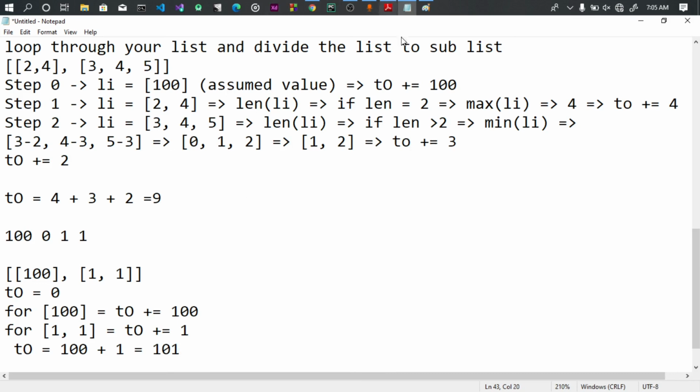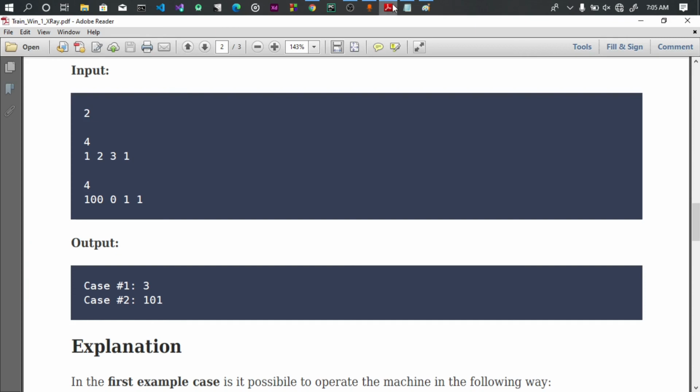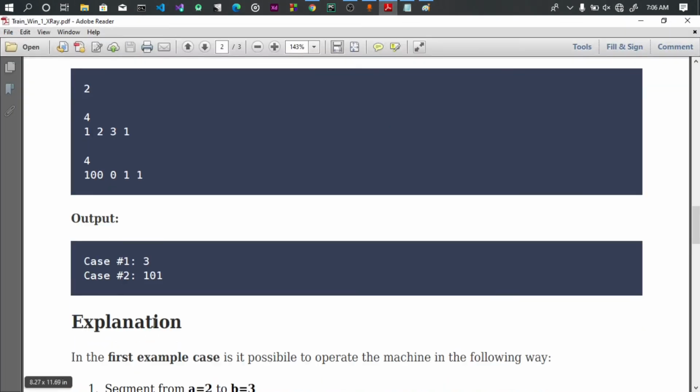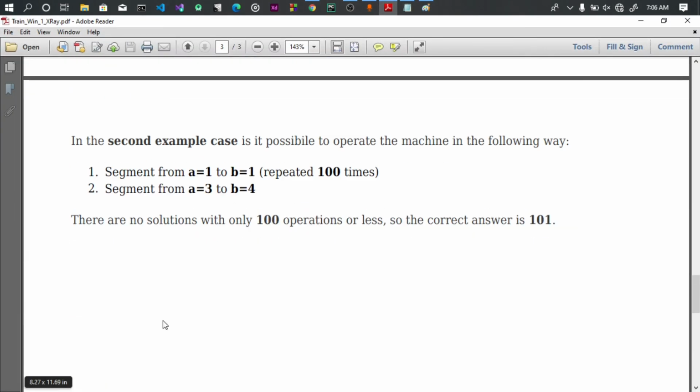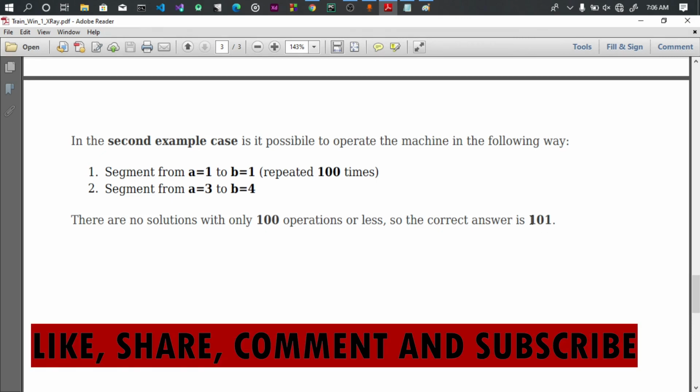So we find out that if we go back to what is given here, we got the right answer here.